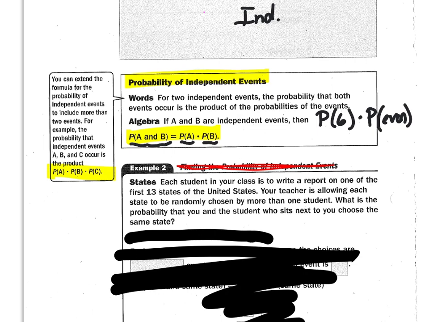One roll does not affect the other one, so we take the probability of a 6, which is 1 out of 6, times the probability of an even is 3 out of 6, which is 1/2, we know, so that cancels, and we get the probability of rolling a 6, and then an even is 1 out of 12.